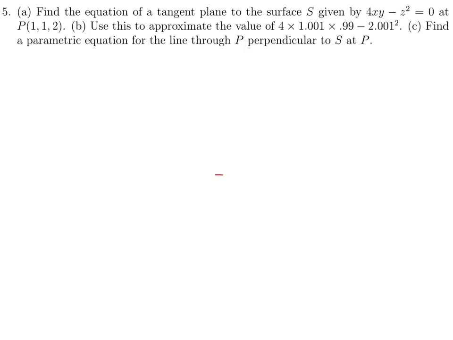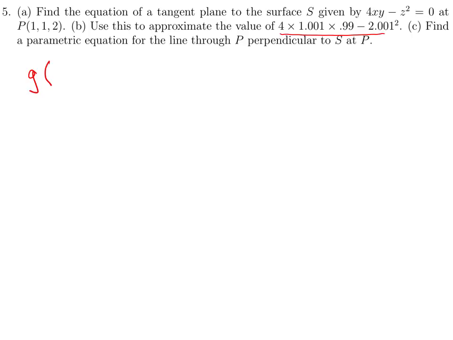Okay, so in part B, we're told to use what we did in part A to approximate the value of some number, which is actually just an evaluation of g at a point that's very close to the point P, but not quite.